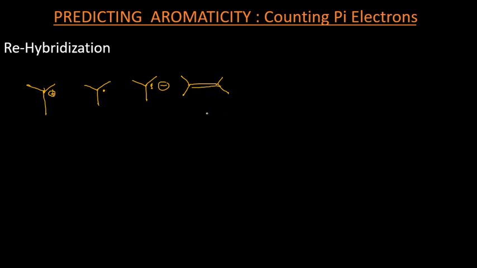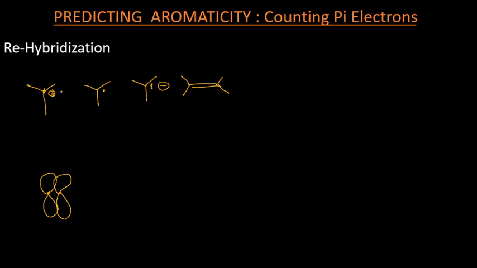Alright then, before we look at this, we have to take note that our pi electrons usually occupy p orbitals, because you know that pi bonds are formed if we have p orbitals overlapping with each other. That is how we form pi bonds. So our pi electrons are found in p orbitals, and an sp2 hybridized carbon atom may contain 0, 1, 2 or more pi electrons in its p orbital.